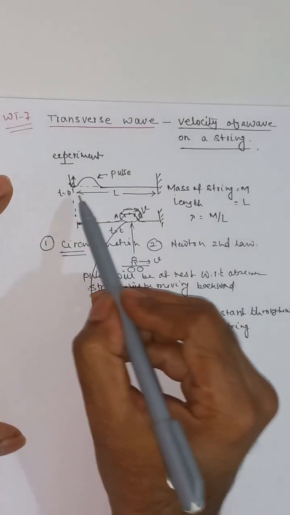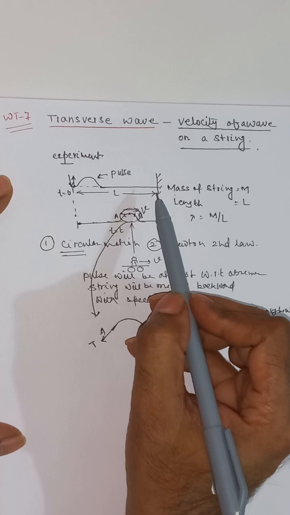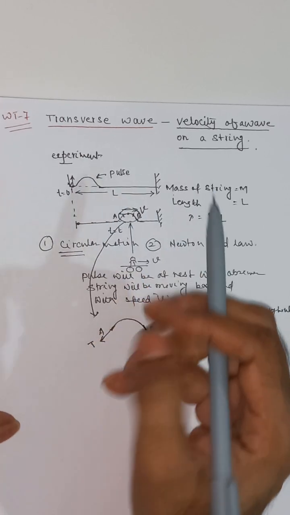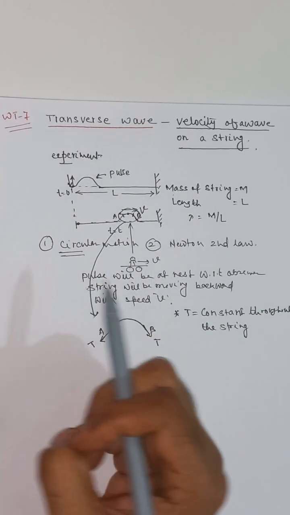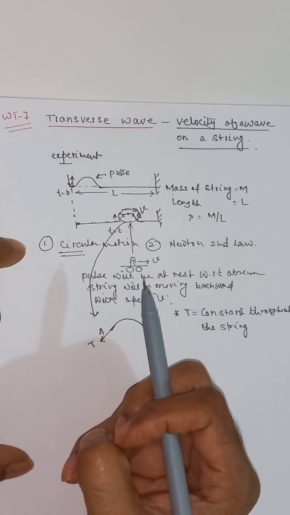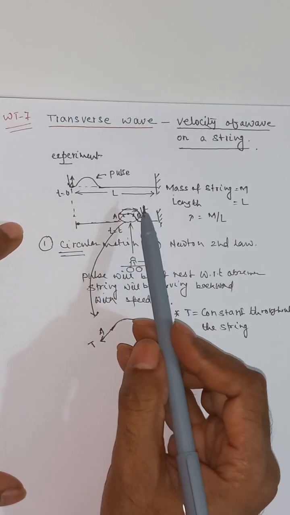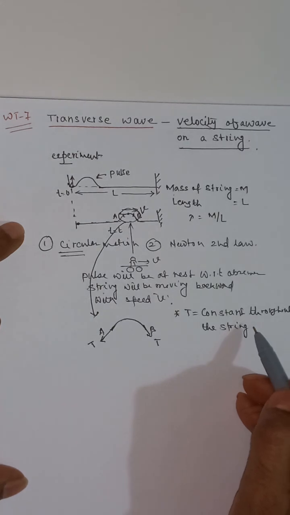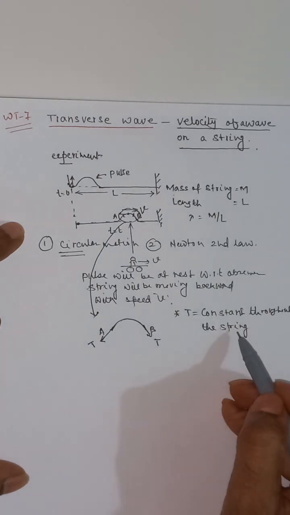See, when a disturbance is created in the string, because of this disturbance, and the elastic nature of the string, the length will increase. So the tension will change. So tension will not be the same throughout the string. But we are assuming tension is constant throughout the string.